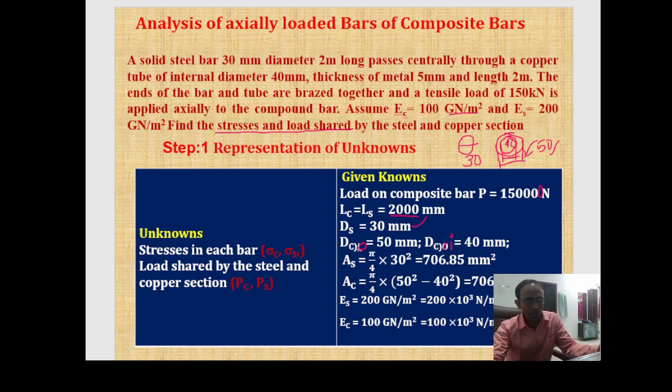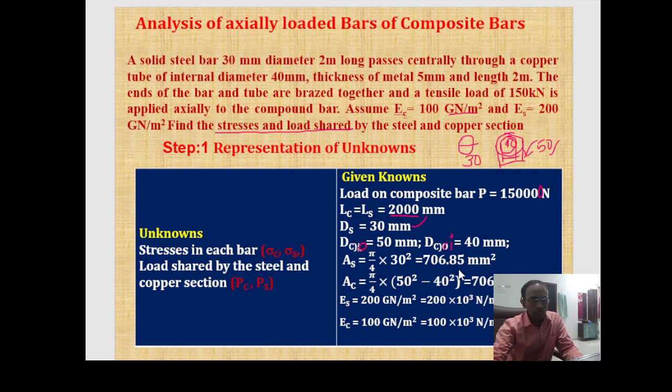So then we can start doing the calculation once the outer diameter is also known. Now you know the total areas, right? Area of the steel is known to you. Area of the copper is also known to you.